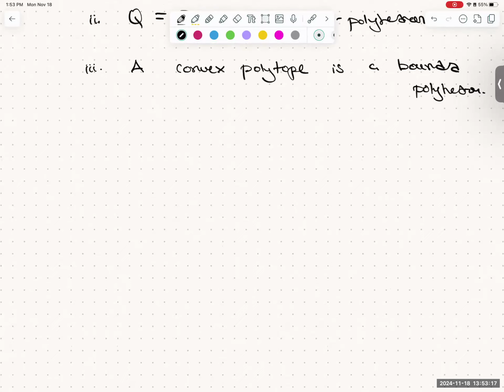Here bounded, I can say it, but I can also just say it contains no ray. If you have a picture in your head, say I take a coordinate system, 2 dimensions, and I have the following inequalities, x greater than or equal to 0, y greater than or equal to 0, then I have this unbounded H polyhedron.